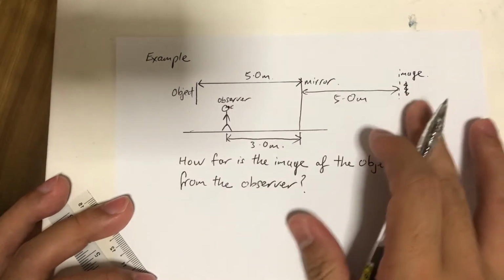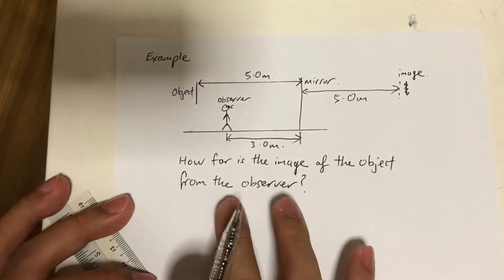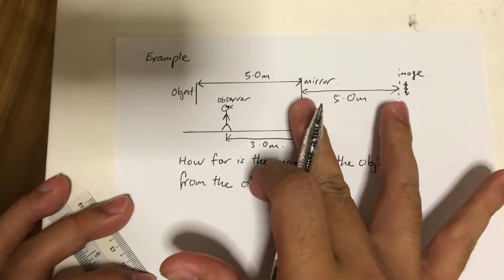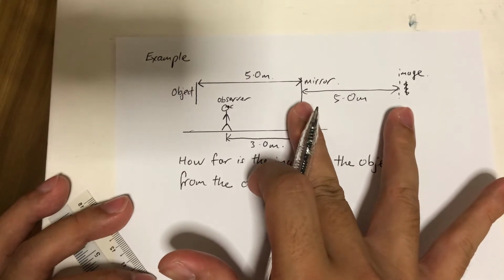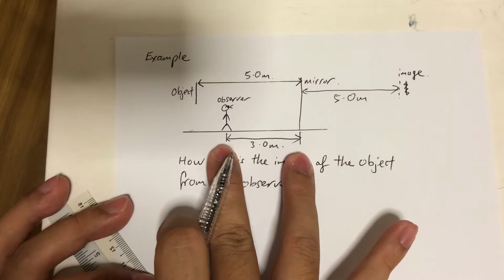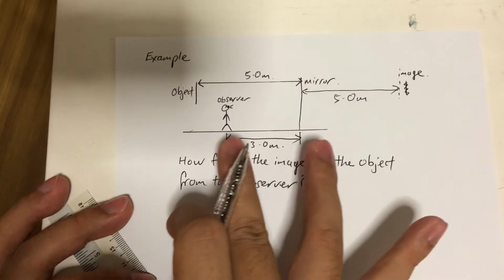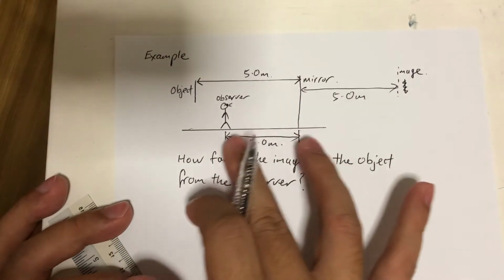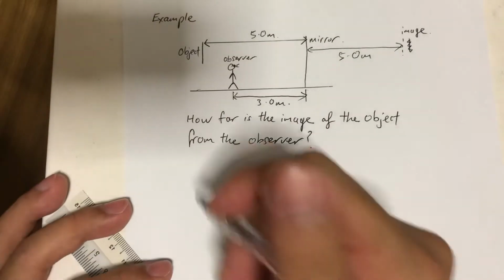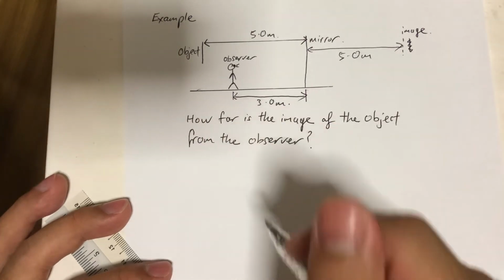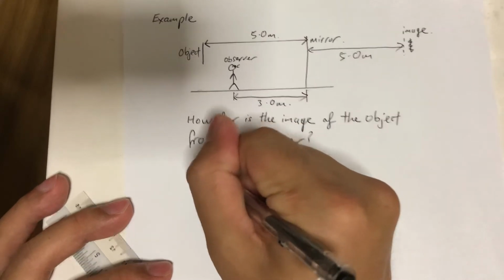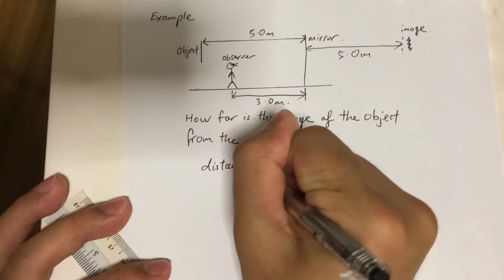Now that we have applied the second characteristic, let's look back at the question. We know that the image is now 5 meters behind the mirror. The person is 3 meters in front of the mirror. So the total distance between the person, the observer, and the image is actually 5 plus 3 meters. Now we are going to answer the question: how far is the image of the object from the observer? Here is the answer.